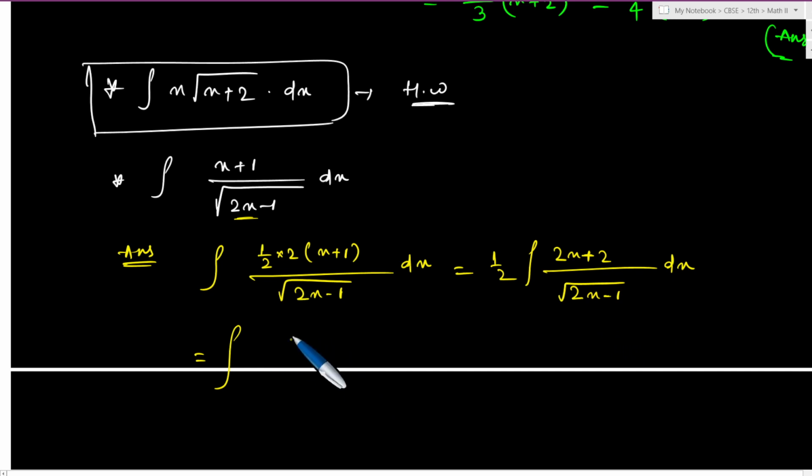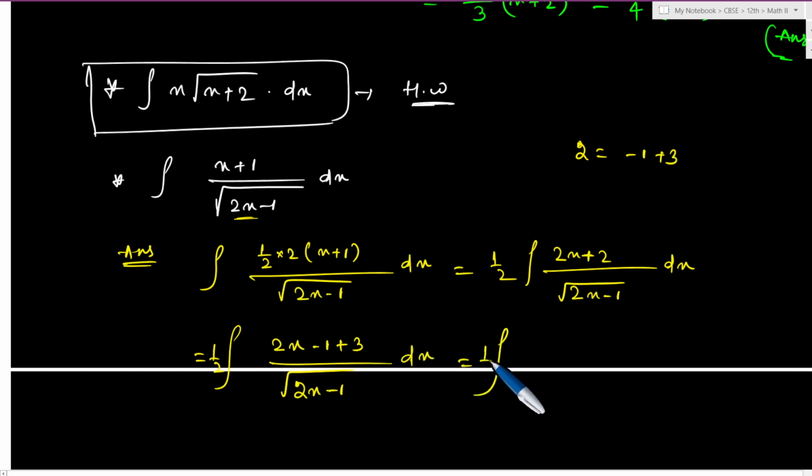So in order to do that, you solve like half 2x minus 1 plus 3. Okay, 2 can be written as minus 1 plus 3. So we use minus 1 plus 3 in place of 2, nothing else, divided by root over 2x minus 1 dx.